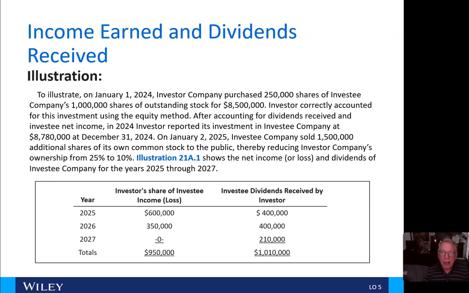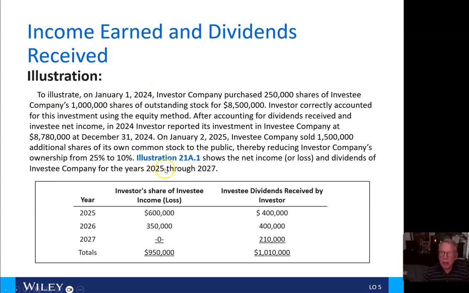On January 2nd, 2025, the investee company sold 1.5 million additional shares of its own common stock to the public, thereby reducing Investor Company's ownership from 25% to 10% as shown.